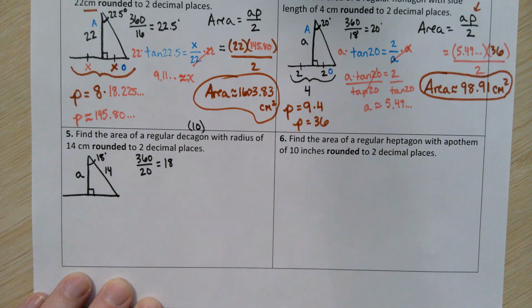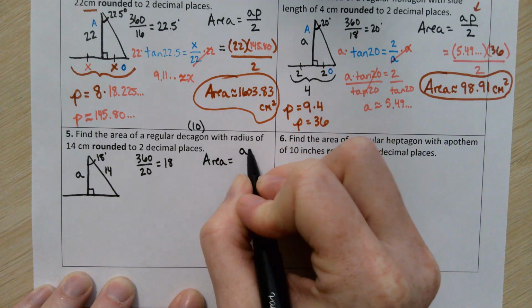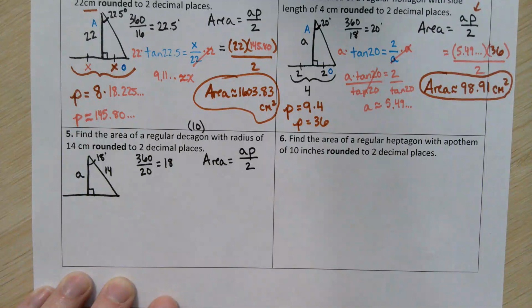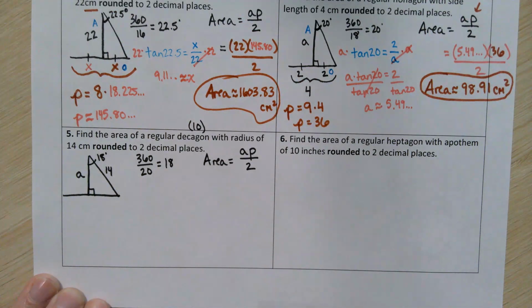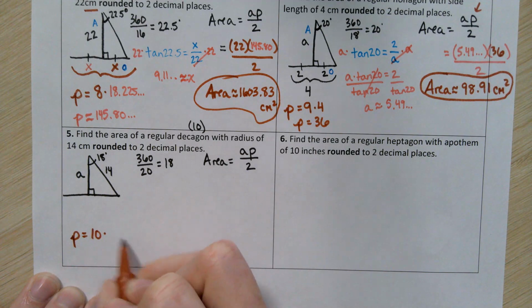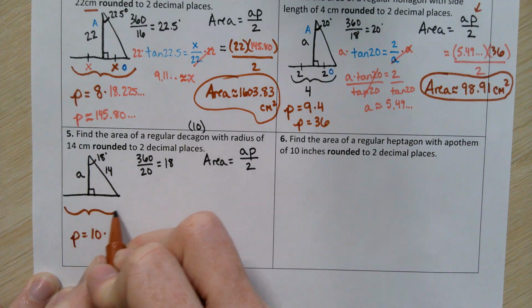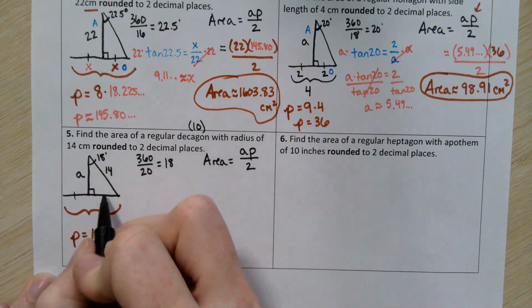Now here's the problem. If we're looking to find the area of this shape, we need the apothem and we need the perimeter. And in order to find that perimeter, I'm going to need the number of sides times the side length, but I don't have the side length. And I don't have a part of the side length.